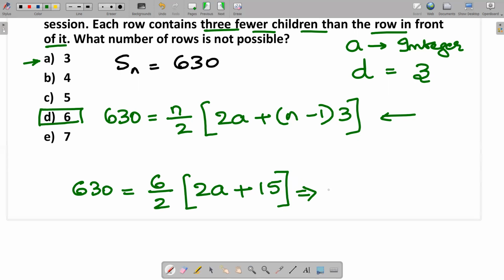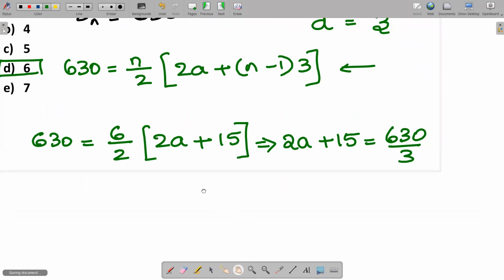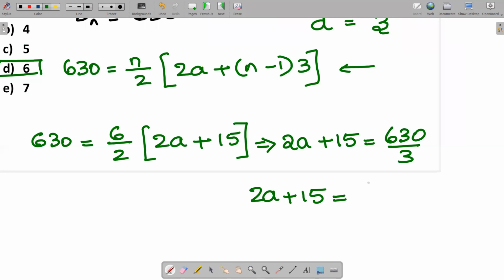Now, from this, I will get 2a plus 15 equal to 630 divided by 3, because 6 by 2 is equal to 3. And this gives me 2a plus 15 equal to 630 by 3. We know 630 by 3 is equal to 210.